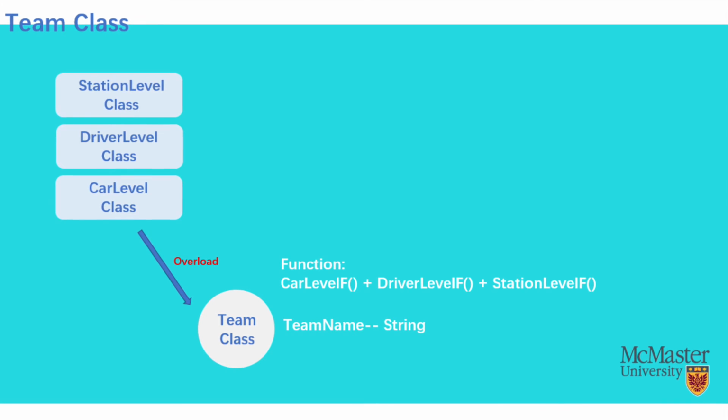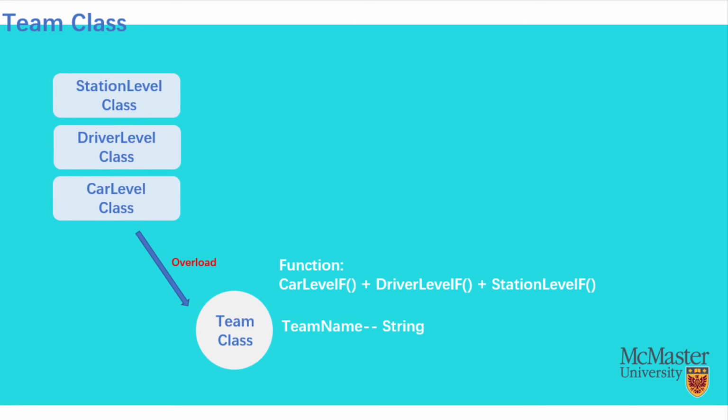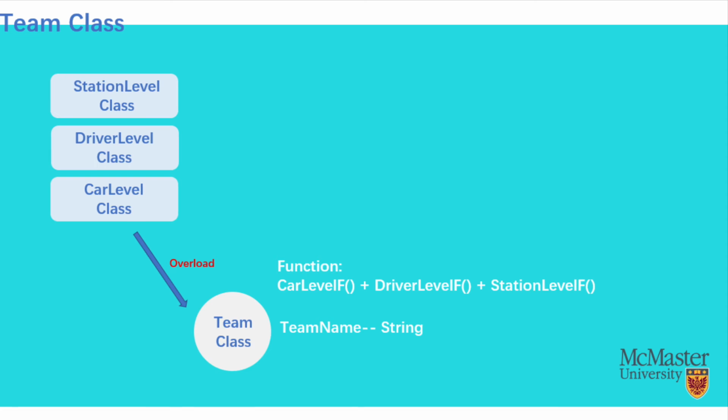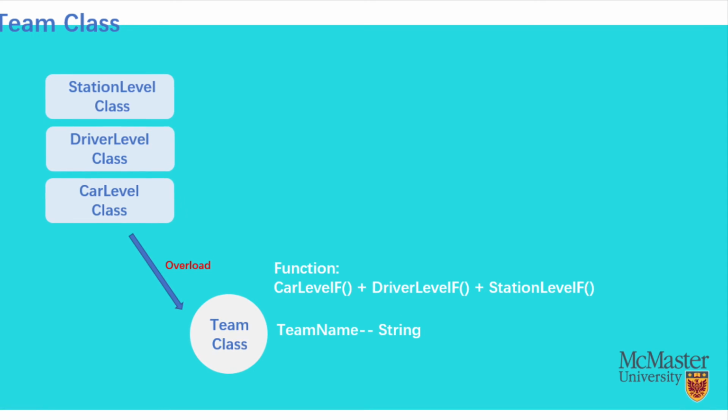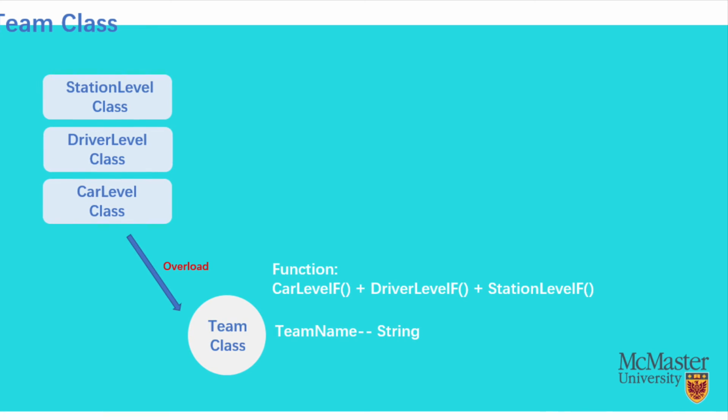It's called team level. Team is the function that you need to add all the data from every single upper class. So all the items that have been used before from the upper classes, such as driver experience, car weight, station tire time, car torque, those 9 items also need to be overloaded in this class.